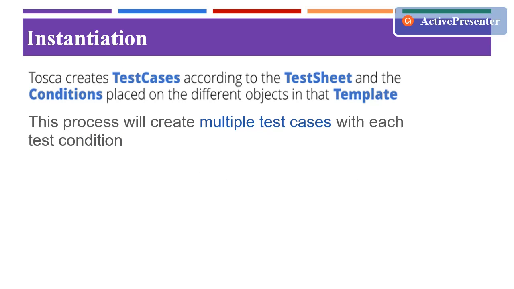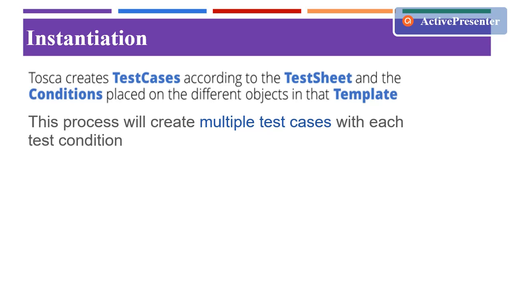So what is instantiation? Tosca creates test cases according to the test sheet and the conditions placed on different objects in the template. This process will create multiple test cases, one for each test condition.